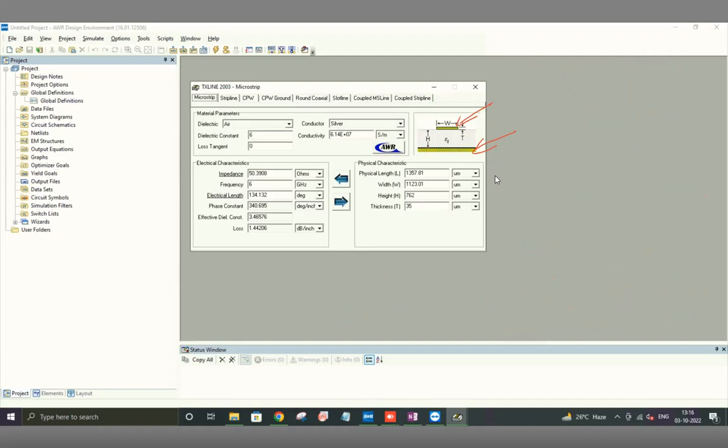So this is like a strip line with the top half removed, both in terms of the ground plane and also the dielectric.